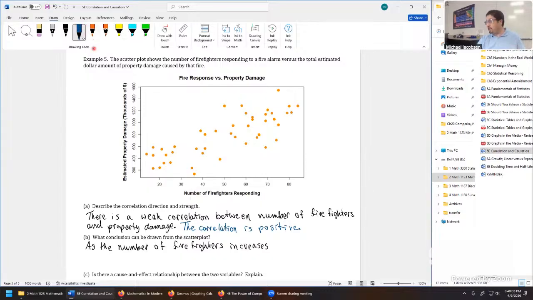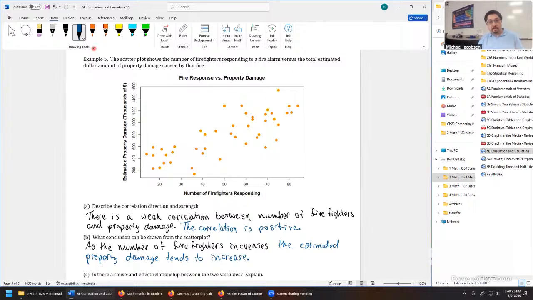So we might just say this way, the estimated property damage tends to increase.